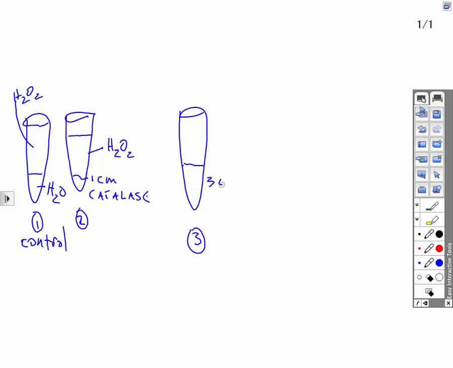So this is 3 centimeters of catalase, we've just increased the concentration of the enzyme, and then at the 5 centimeter mark, you'll put hydrogen peroxide. And we need to see which one of these will catalyze the reaction more quickly. Would it be the one with fewer enzymes, or will it be the one that has a greater concentration of enzyme? So does concentration affect the rate of enzyme activity?